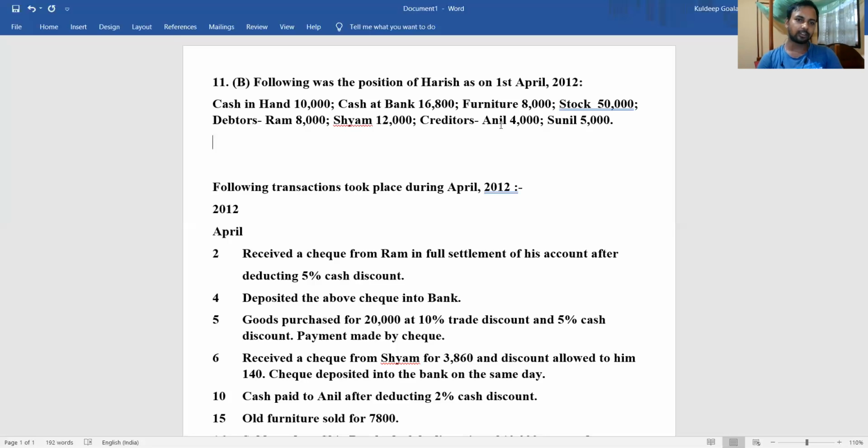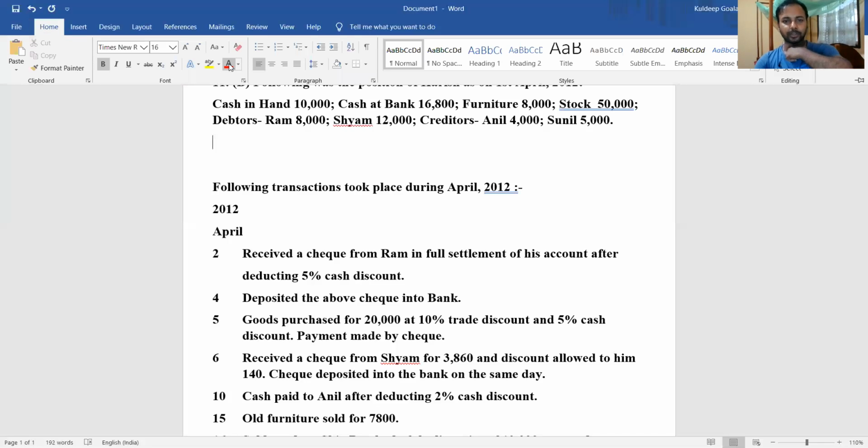They are those people who are supposed to receive a certain amount of money from us. So we saw that the rest of the things are assets, only creditors are liability.